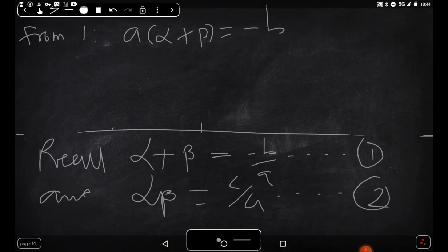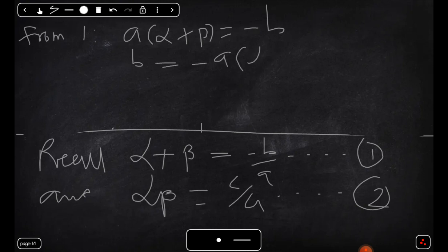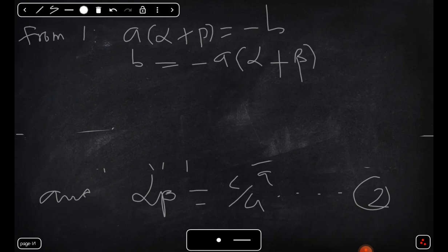Thus, if we are looking for b, we multiply both sides by negative 1, so that b is equal to negative a into alpha plus beta. So we have made b the subject of the formula from equation 1. Now from equation 2 we want to make c the subject of the formula.